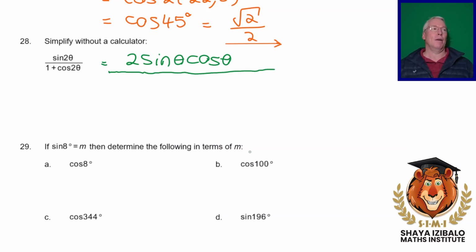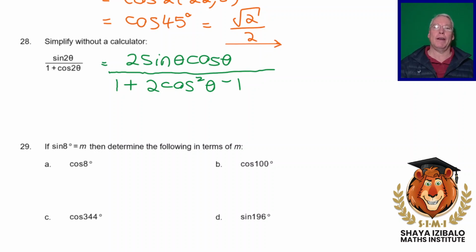We need to think now, because for cos 2 theta, we've got 3 possible double angle identities. There's one that makes a lot of sense to use, and the one that we're going to use has got a minus 1 in. The reason it's helpful to have the minus 1 is it will cancel out with the 1 there. So we are changing our cos 2 theta to 2 cos squared theta minus 1.